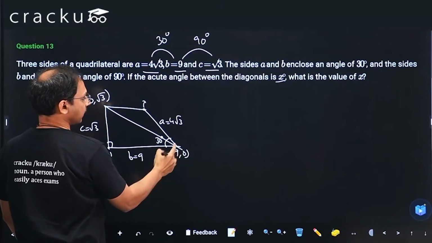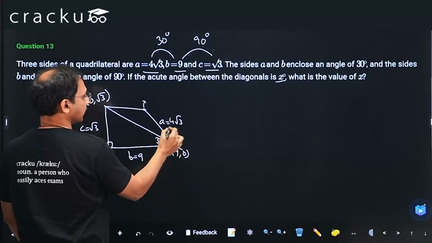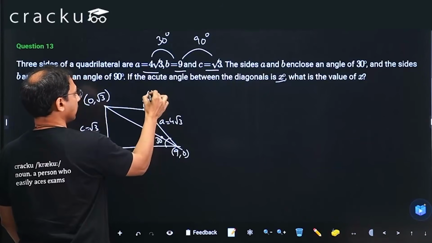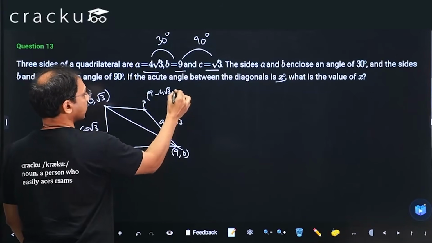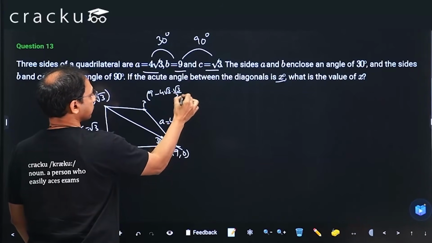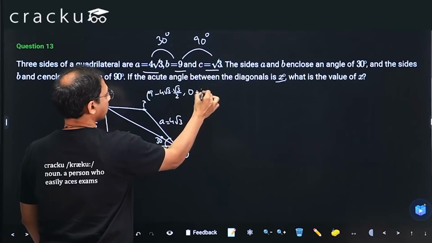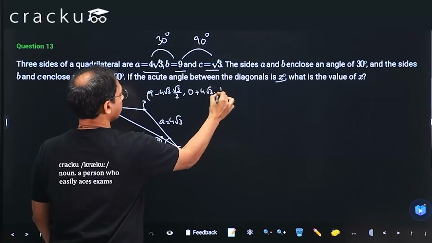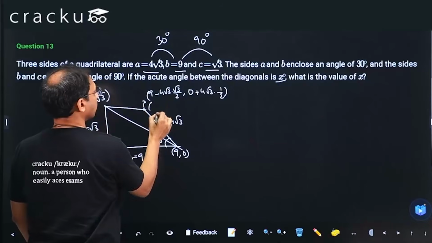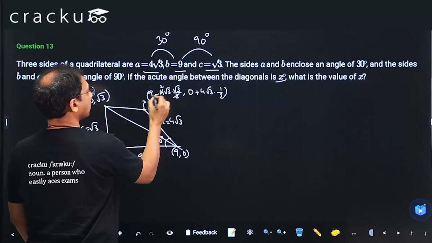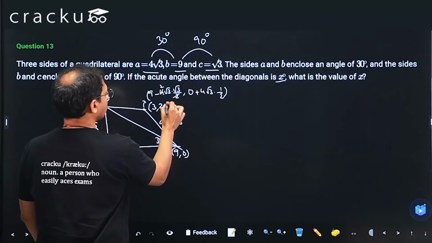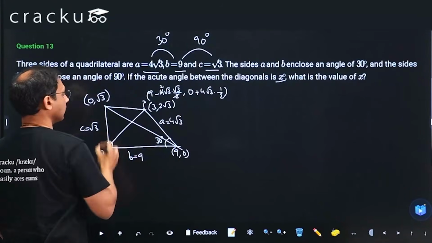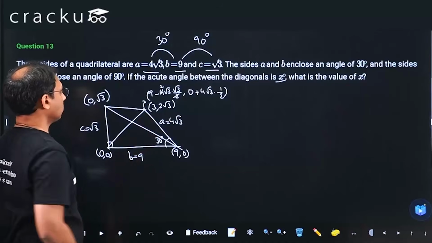I know the starting point, the inclination is there, and the length is there. So this will be 9 minus 4 root 3 into cos 30, comma 0 plus 4 root 3 into sin 30. So 2 will get cancelled. 9 minus 6 is 3. This will be 2 root 3.